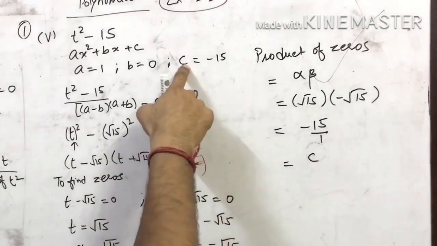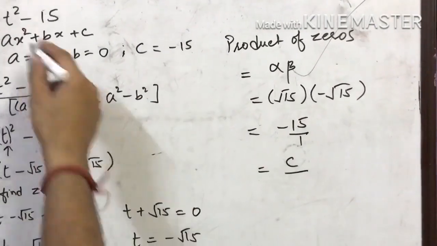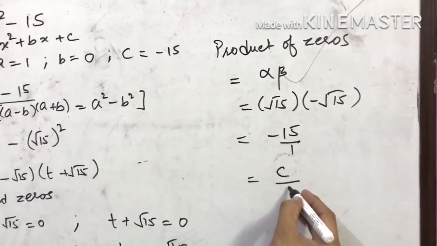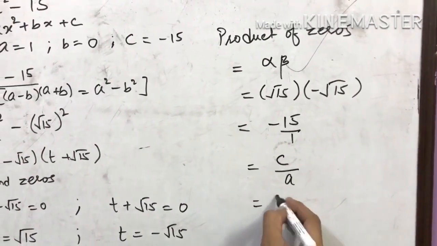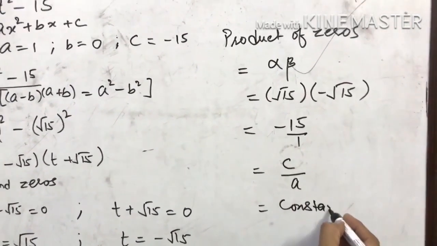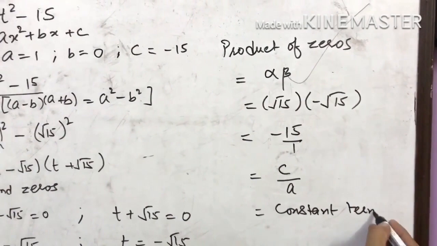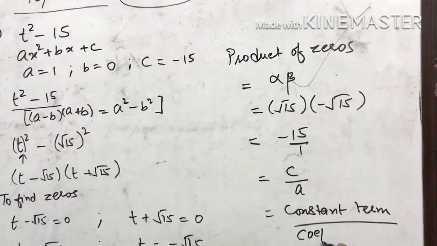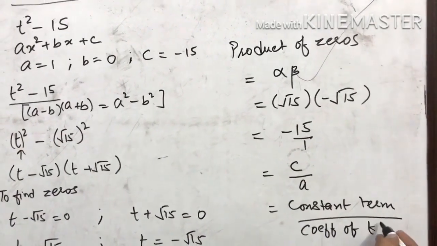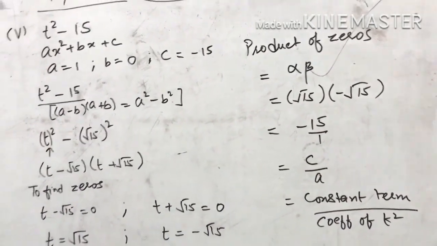This is c. Value of c is minus 15. Value of 1 is a. So this is constant term divided by coefficient of t square. Please note it down.